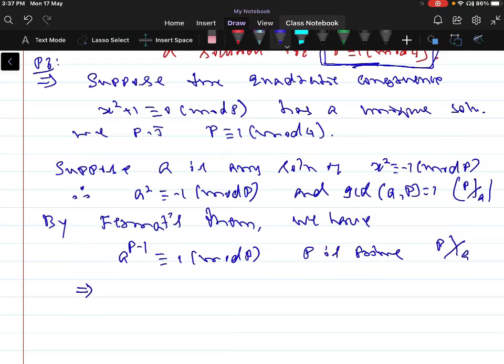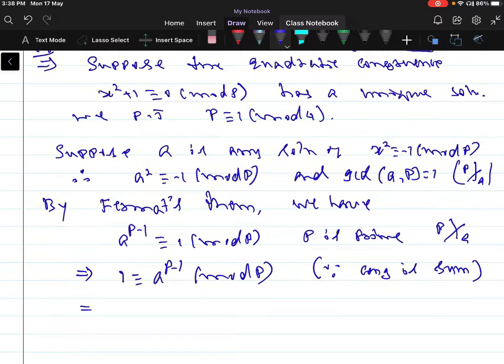So this can be written as 1 is congruent to a to the power p minus 1 modulo p, since congruence is symmetric. Now this implies 1 is congruent to, let us modify the power of a, so that it can be written as a squared to the power of p minus 1 by 2, modulo p. In the power, multiply by 2 and divide by 2.